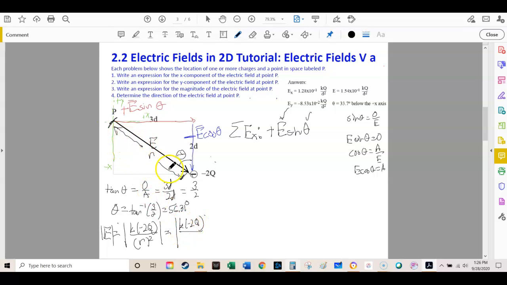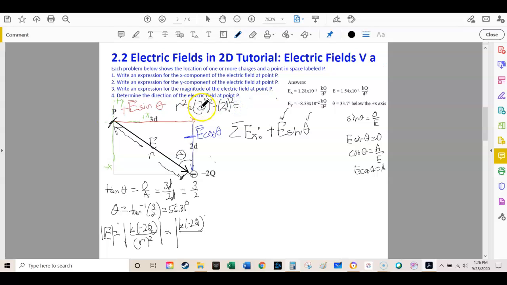Well, this distance r, isn't r just going to be c squared equals a squared plus b squared, square rooted? Right? So r squared is going to be equal to 3d squared plus 2d that you're going to square.